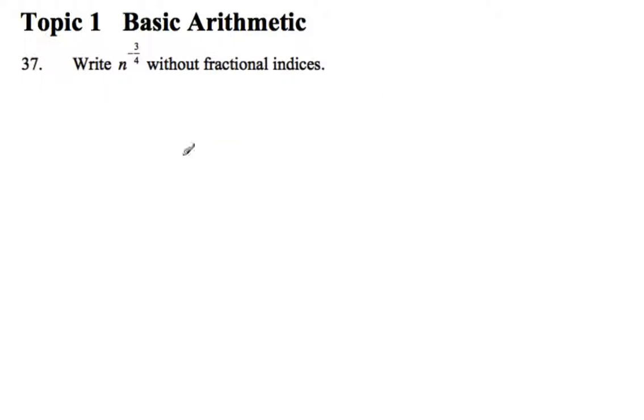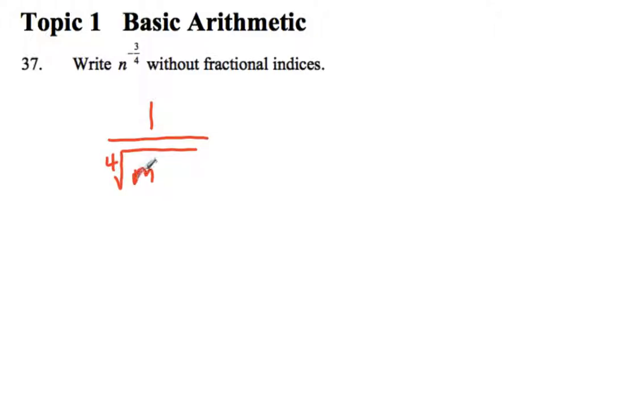This one's got a lot going on here. We've got a minus, and we don't want any fractional indices here, and we could also have some non-negative indices as well. If we wanted to use up the minus bit, we'd put it under 1, and once again we'd have a 4th root of m cubed.